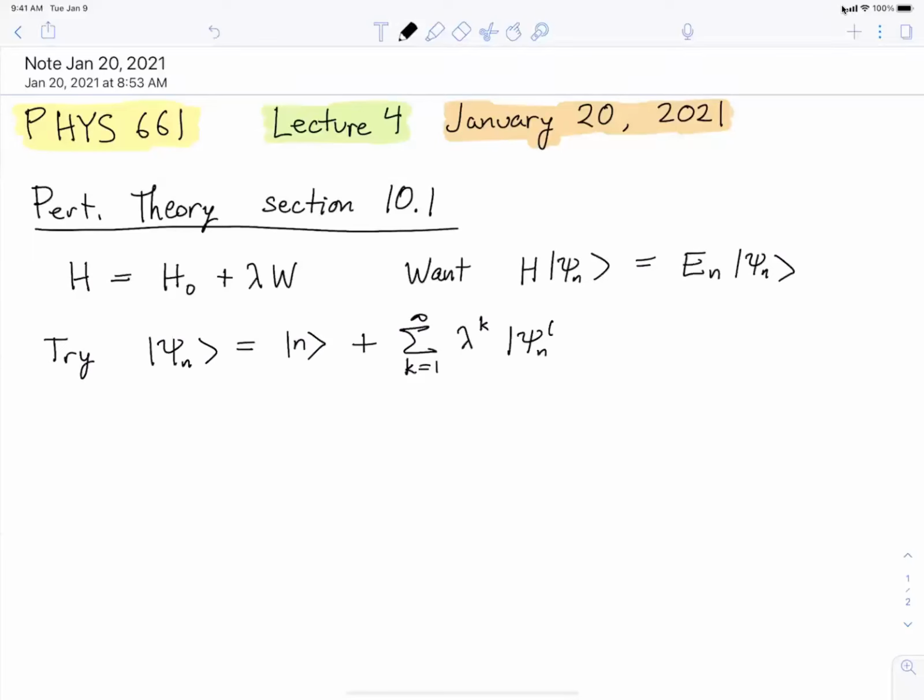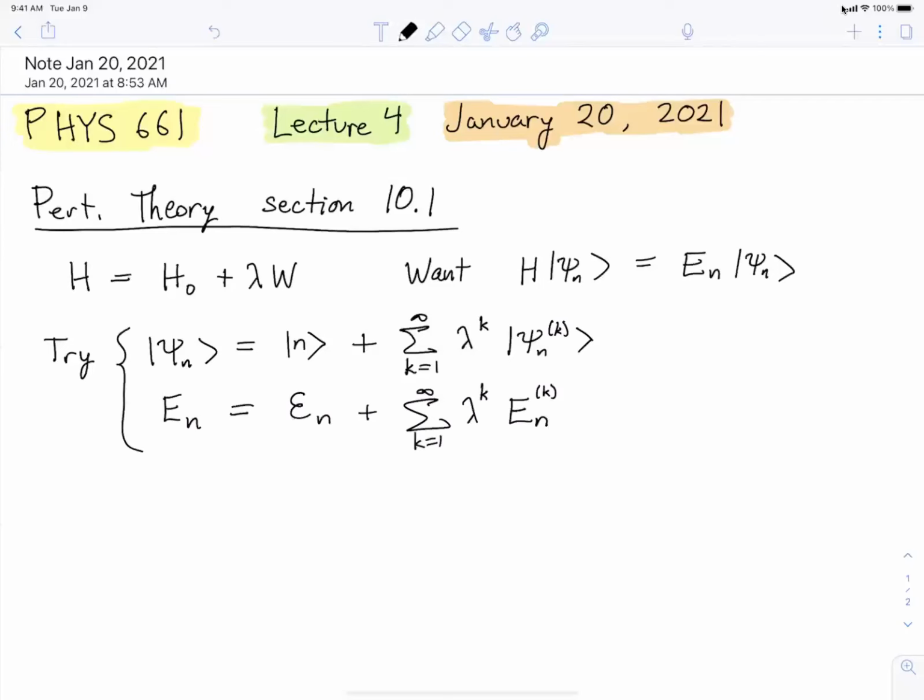And then it's multiplied by some correction kets that we want to find. And we do the same sort of expansion for the energy. So again, it's an infinite sum, but we're only going to probably find the lowest few values in powers of lambda. And those corrections are called E sub n with a superscript k.